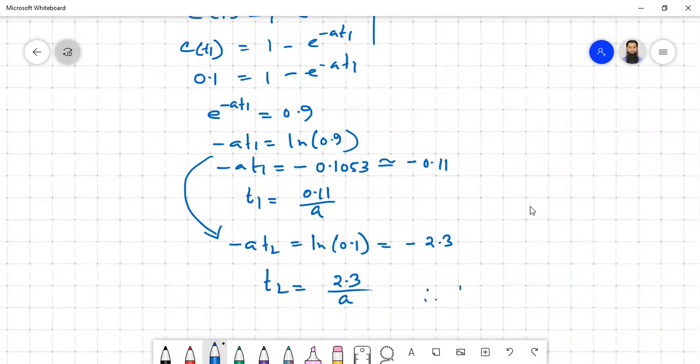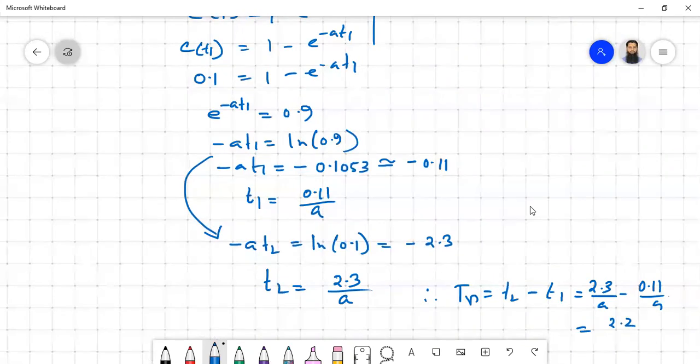So your rise time formula TR is T2 minus T1 equal to 2.3 by a minus 0.11 by a. So it will be actually 2.2 by a. This is the formula for your rise time for a first order system.